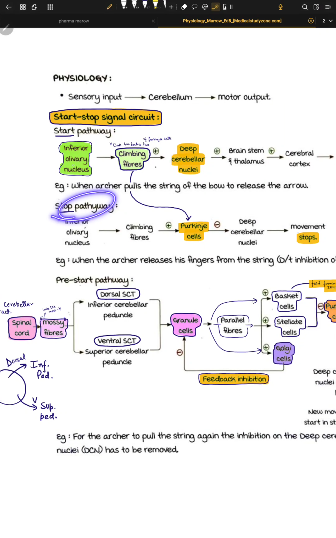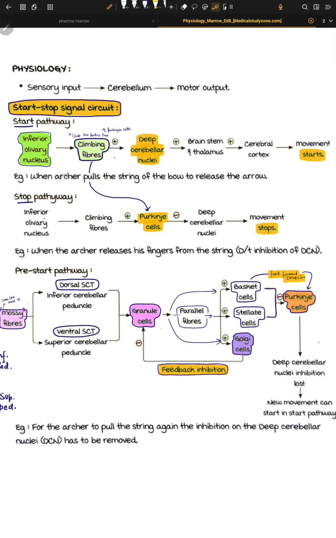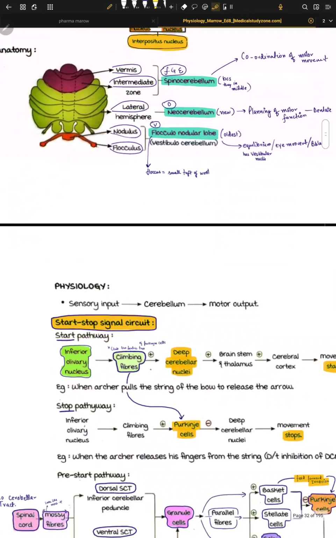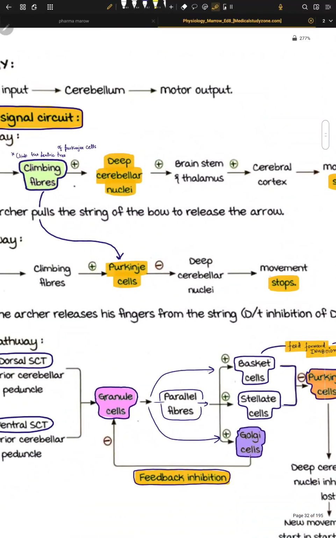So again, inferior olivary nucleus, again climbing fibers, and then we have Purkinje cells. These Purkinje cells inhibit the deep cerebellar nuclei. Of course, I told you these are inhibitory cells, and they inhibit these cells, and the movement stops.